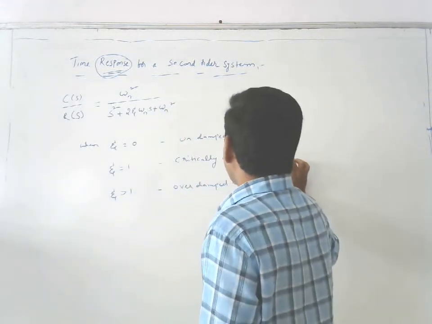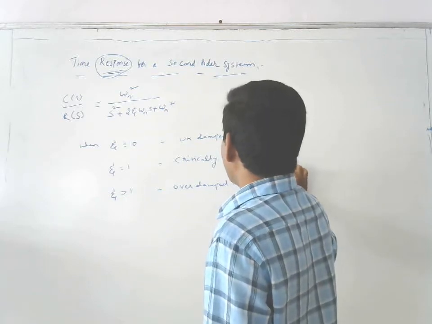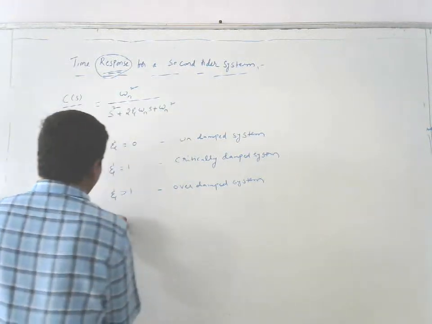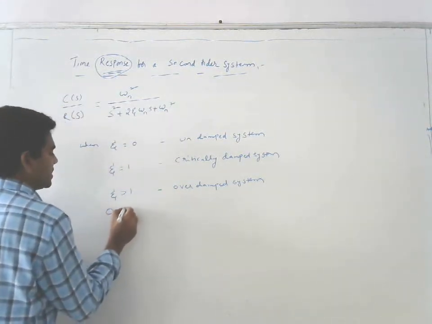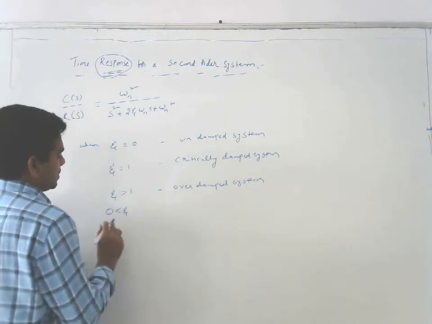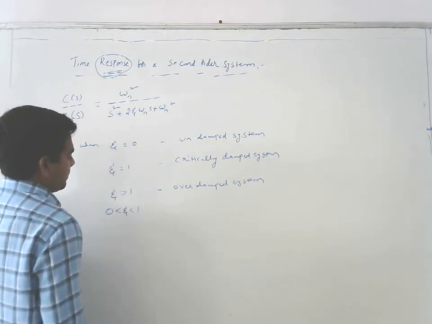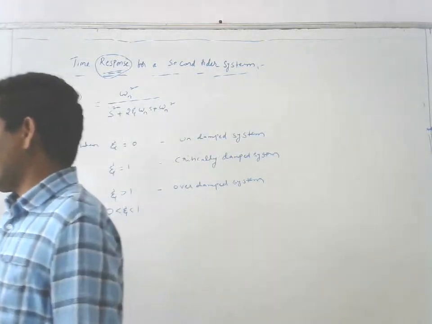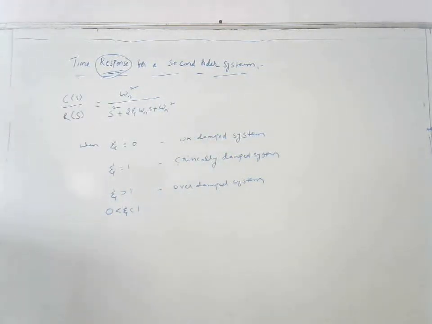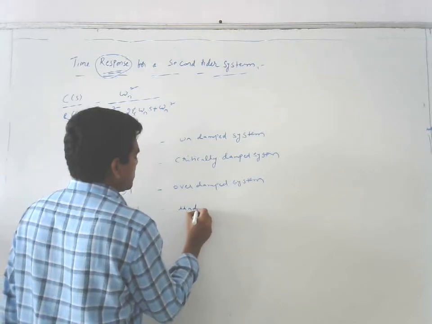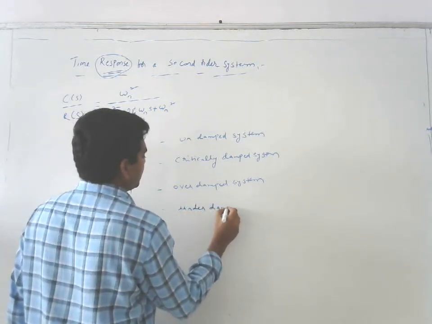When zeta equals 1, critically damped. And when zeta is greater than 1, we call it an over damped system. One more condition is when zeta is in between 0 and 1, that is 0 less than zeta less than 1, then we call it an underdamped system.